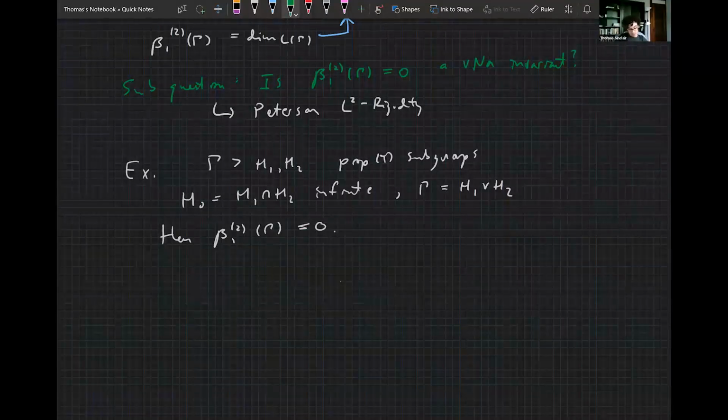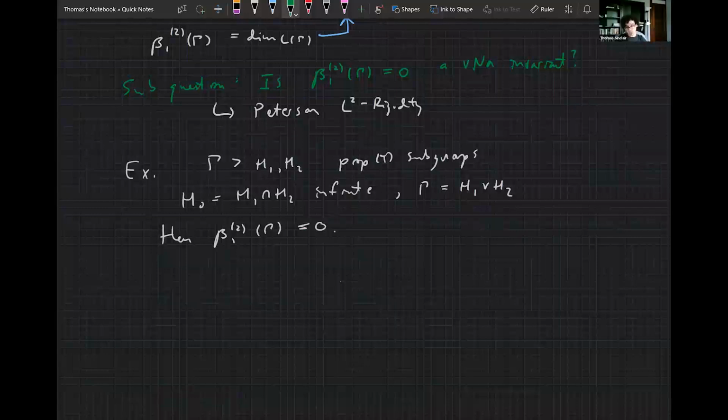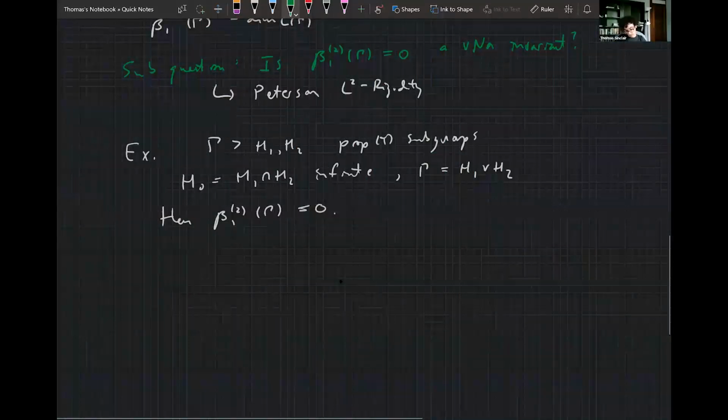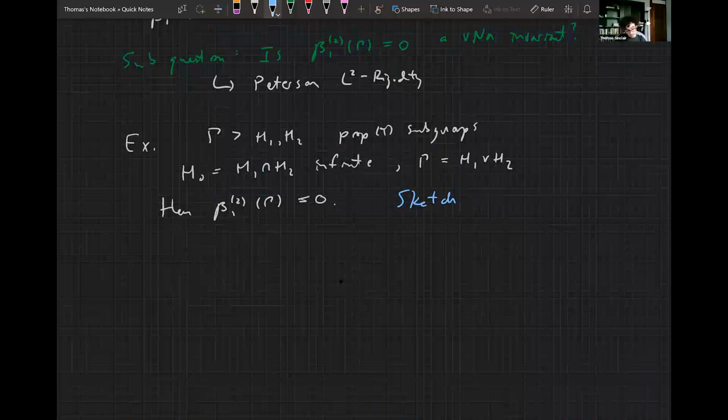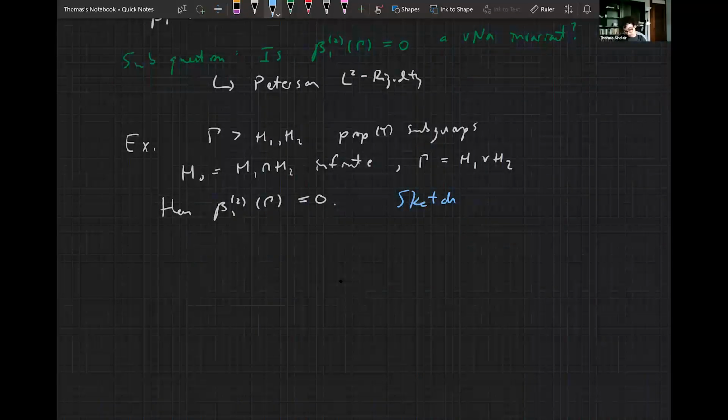Time permitting, I may try to sketch this, because it's germane to the results that I'll discuss in the von Neumann algebra setting. Hopefully I have a little bit of time to indicate how that works.